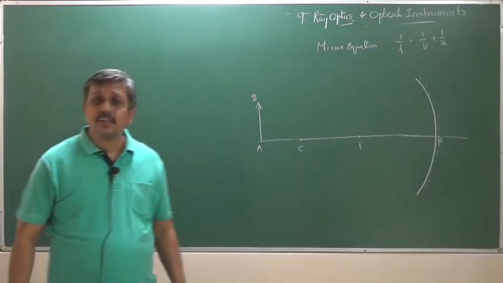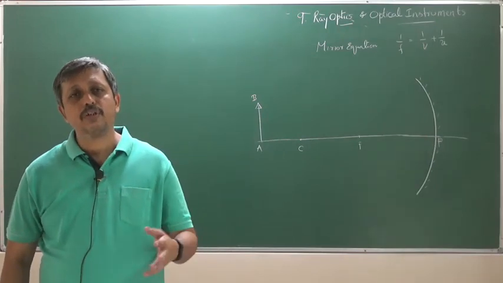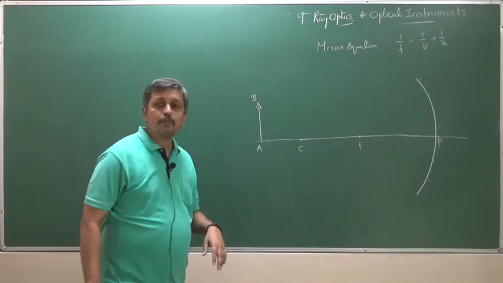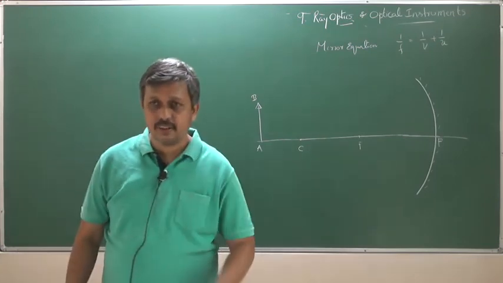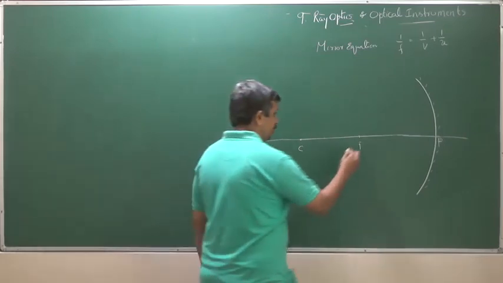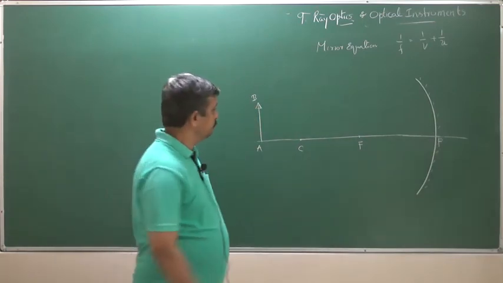We will use very consistent naming terminology to make sure you don't get confused. Whenever we talk about an object we say AB, whenever we talk about an image we say A dash B dash. C is always the center of curvature, F is always the focal point, and this length is the focal length.